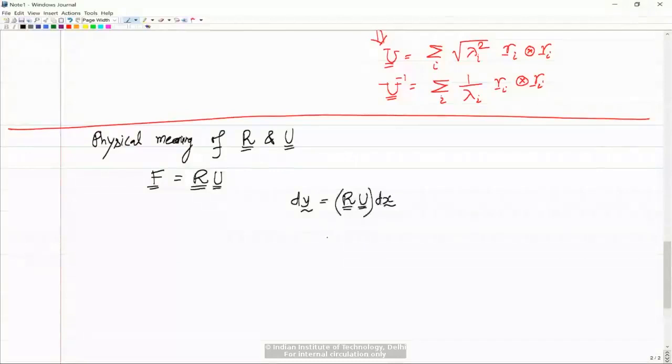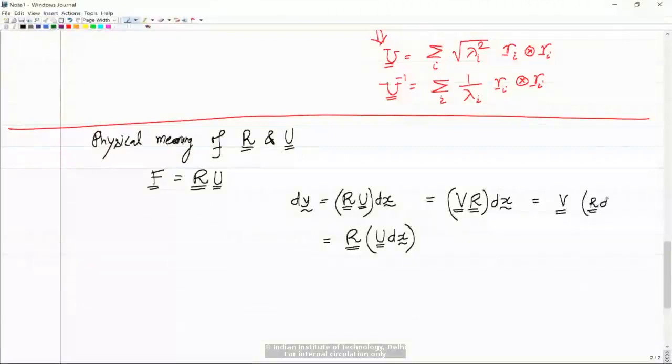But you see that this means you can also write it as big R into U dx. Okay. And likewise, if you think of the other decomposition, it is V into R into dx, which is same as V into big R into dx.